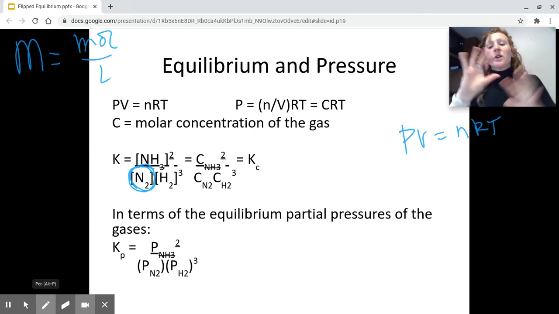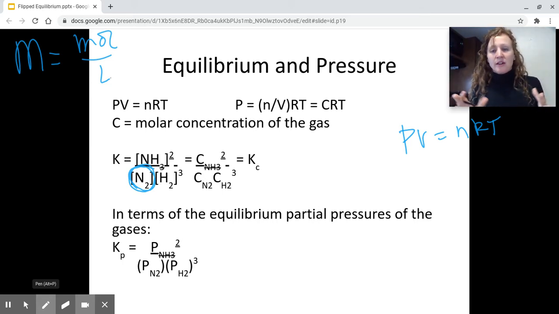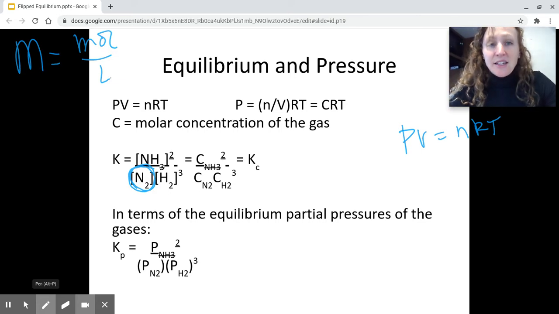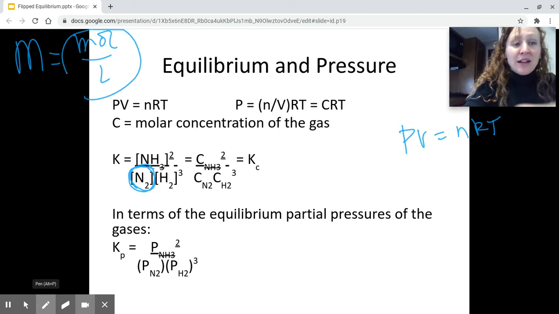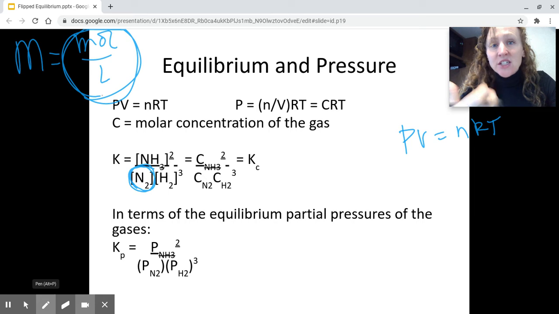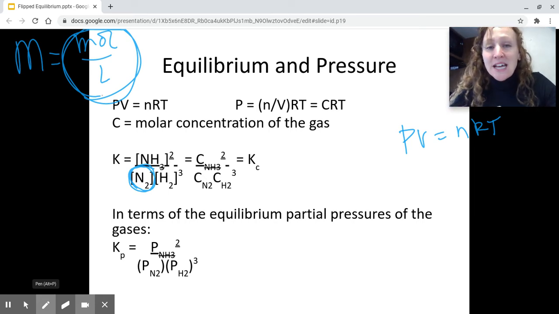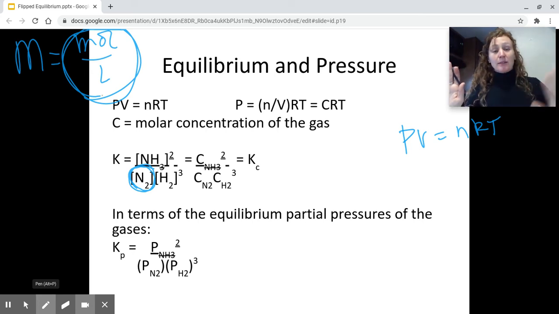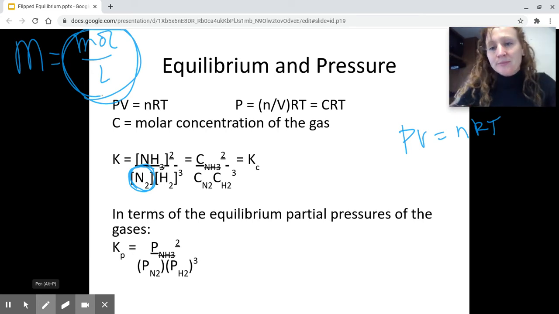So can we rearrange the ideal gas law in order to have concentration in terms of molarity? Yeah, sure we can. So now would be a good time to practice your algebra skills here. See if you can rearrange the ideal gas law so that everything's on one side and molarity is on the other side.